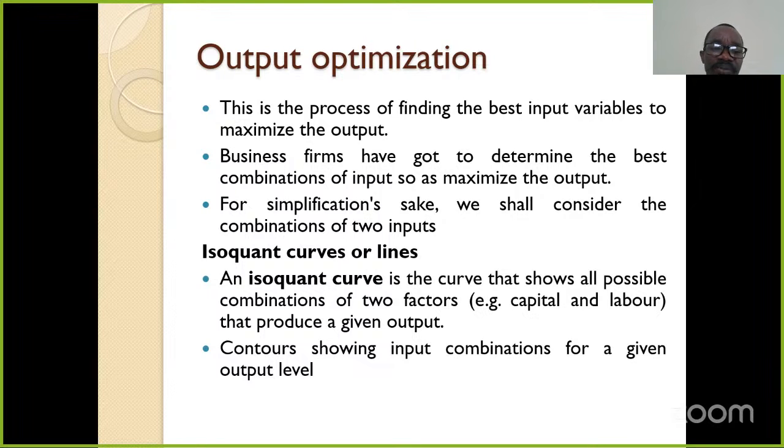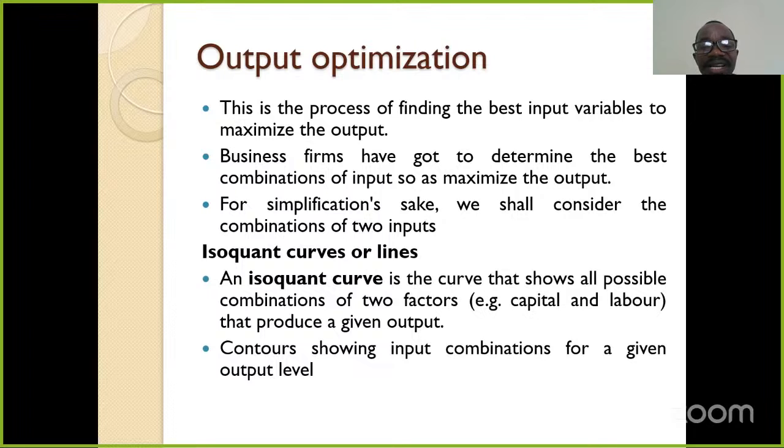So one of the concepts is isoquant curves or lines. The isoquant curve is the curve that shows all possible combinations of two factors that produce a given output. So you have different possible combinations that will produce the same level of output.